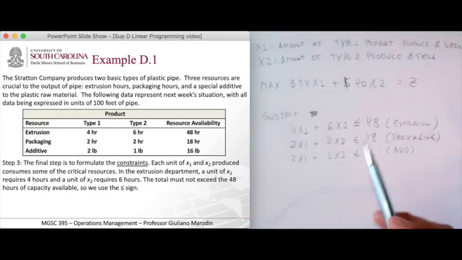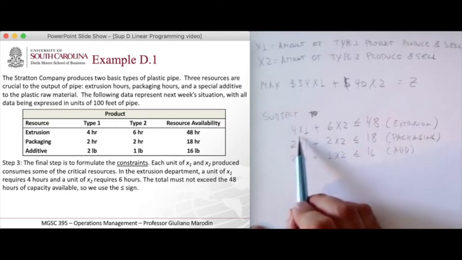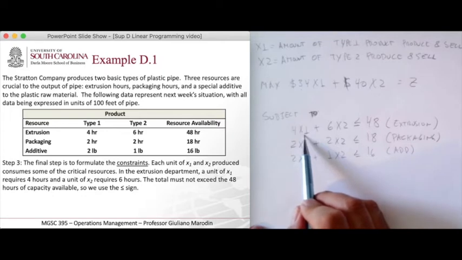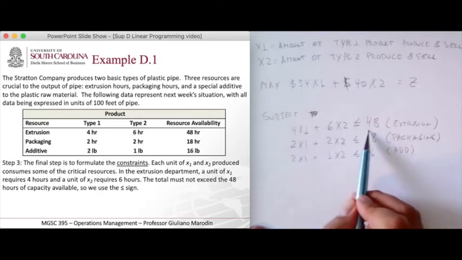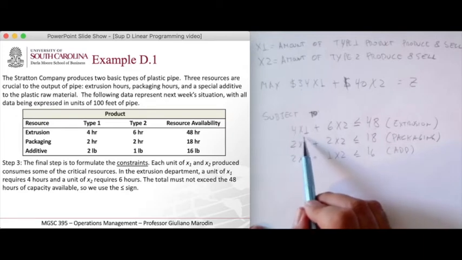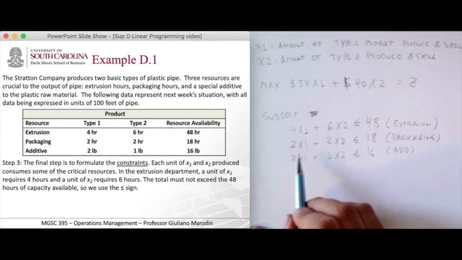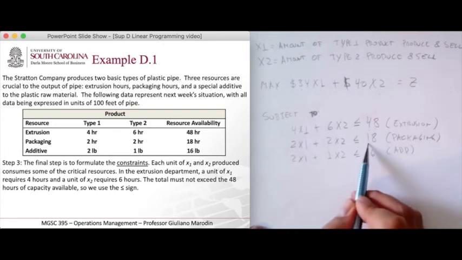So let me ask you, how many X1s can I produce? Well, if I think about it, here, I can produce 12 X1s, right? And I'm okay with this constraint. It's going to be 12 times 4, 48. I'm good. But then if I put 12 here times 2, 24, then it's going to be higher than 18.